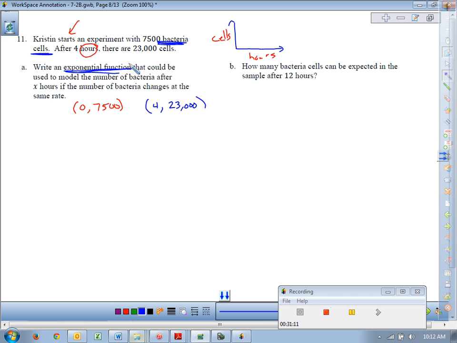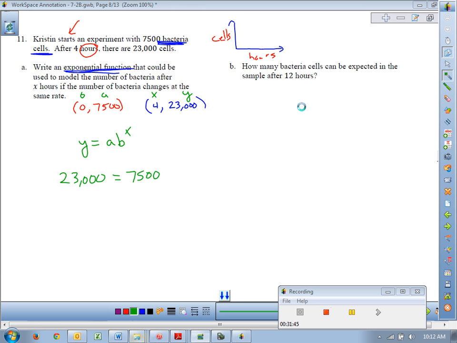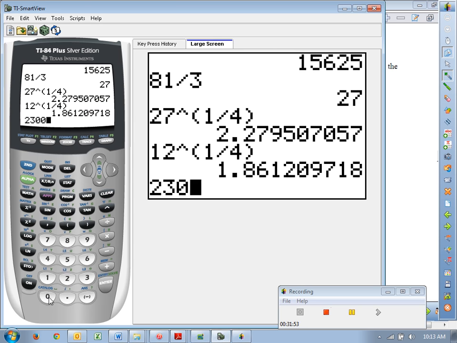So let's do the same thing we just did. Now it's 0, a, x, y, right? Same story. y equals a b to the x. 23,000 equals 7,500 b to the 4th. 23,000 divided by 7,500, is that what we're doing?